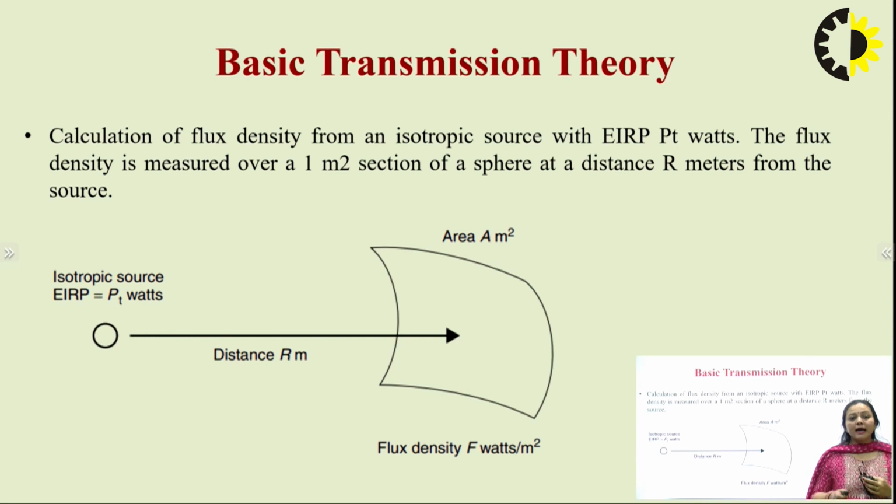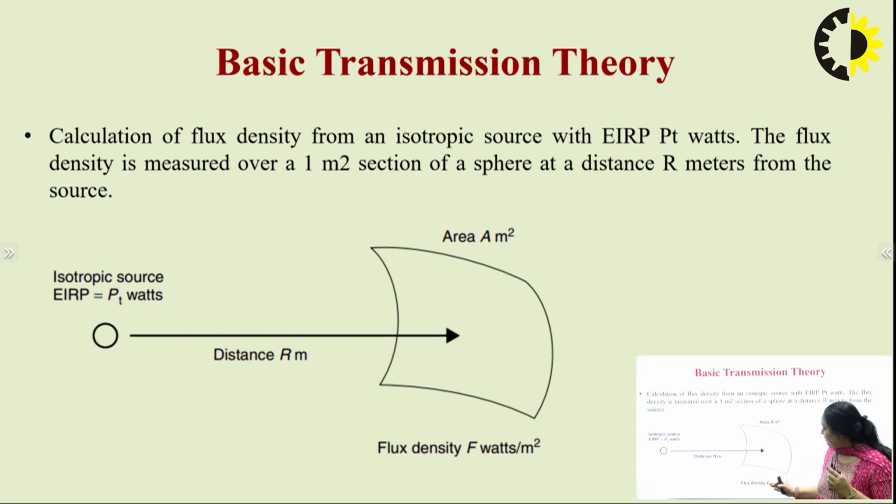We have assumed an isotropic source. This is my isotropic source. Isotropic means it will radiate uniformly in all directions. So we say that the effective isotropic radiated power, generally EIRP, for the isotropic antenna, the gain is 1. So it is PT watts. And I am going to measure the flux density at a distance r meter. So see, this area, it is actually a meter square.